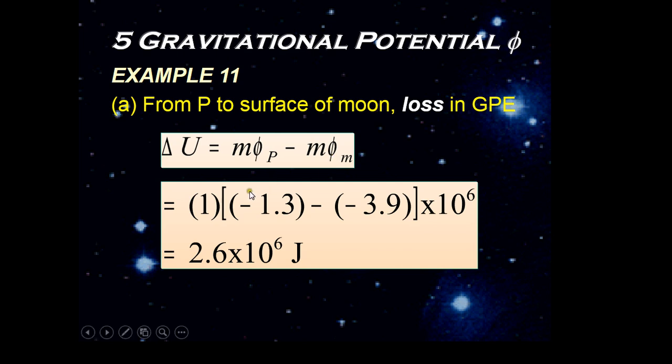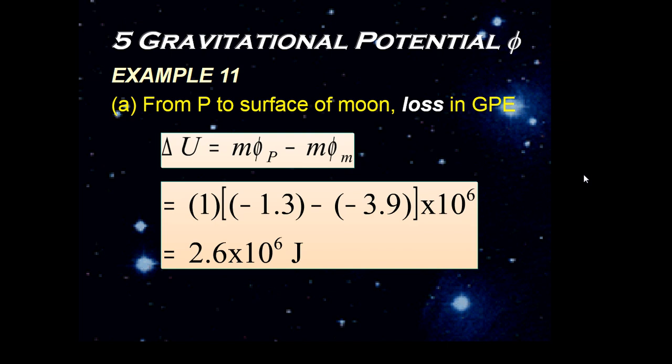Because it's given that the mass is 1 kg, the mass is 1. I plug in the values of the potential, times 10 to the power 6, and get this value. Okay? This is kind of important. Not kind of. This is important. This is expected of you as a student in any test or exams.